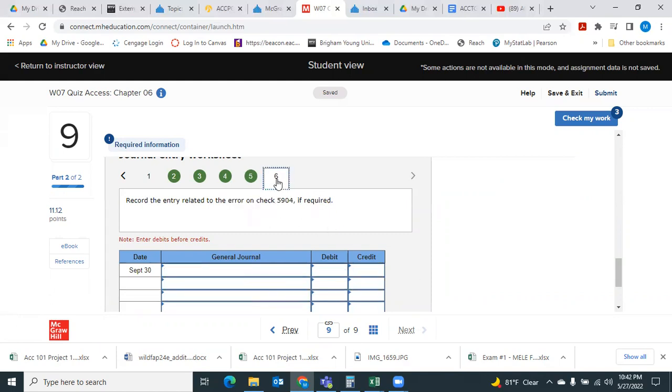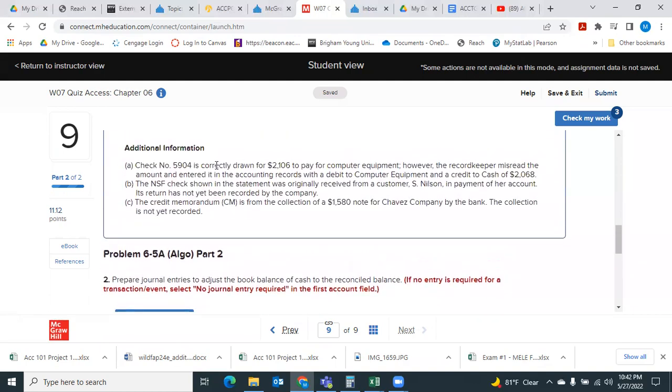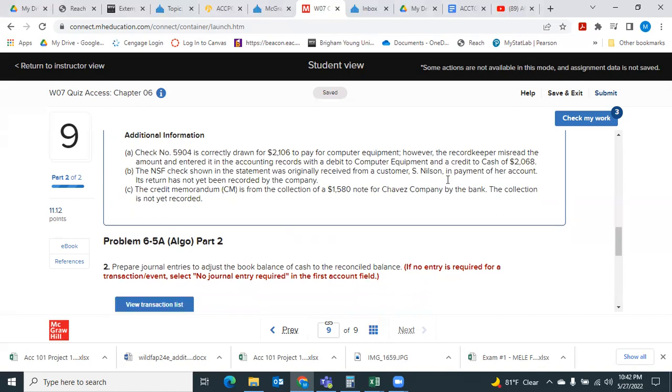And then finally on 6, record the entry related to the error on check 5904. So again, remember with that check, we wrote the check for 2106, but the record keeper misread the amount and entered in the accounting records a debit to computer equipment, so they were buying computer equipment, and a credit to cash of 2068. So we just take 2106 minus 2068, which is $38.